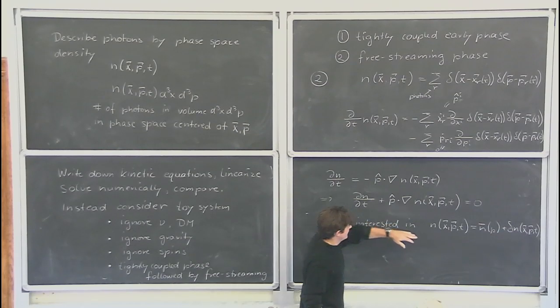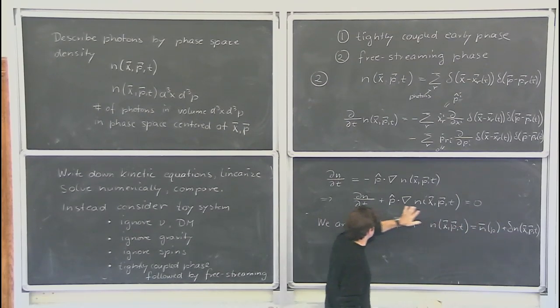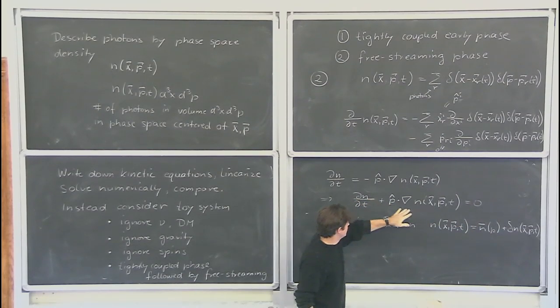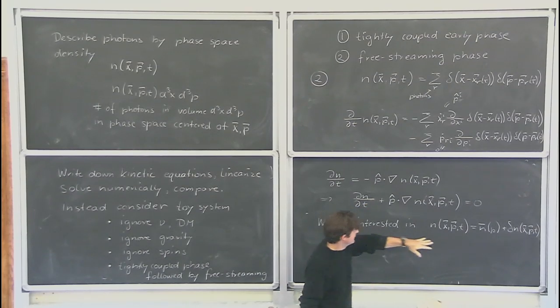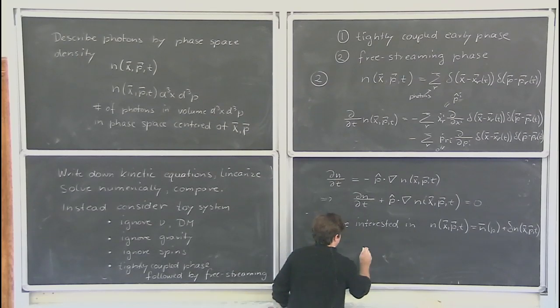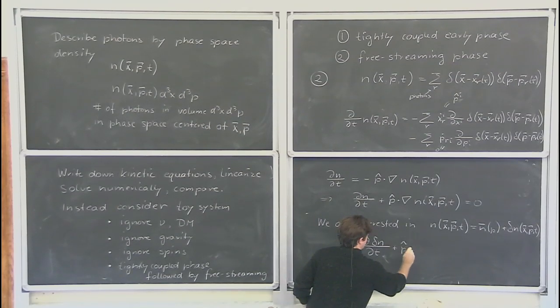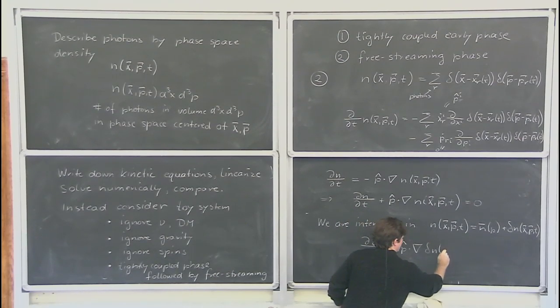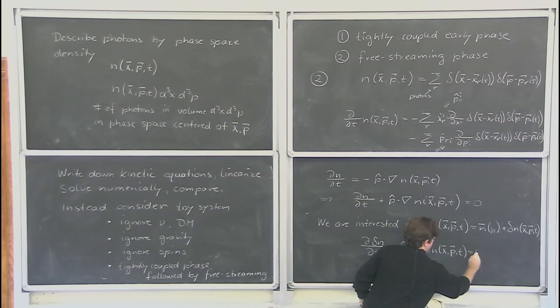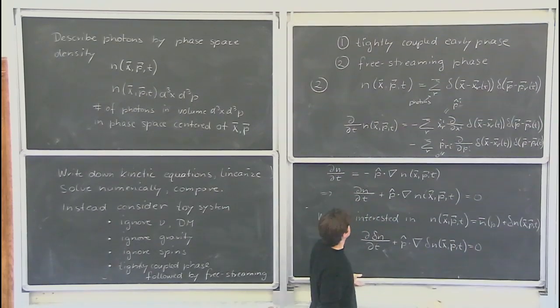The Planck spectrum doesn't change as a function of time, and there's no gradient, so this part just goes away, and the perturbation to the phase space density obeys the same equation: d delta n by dt plus p hat dot the gradient times delta n of x, p, and t is equal to 0.